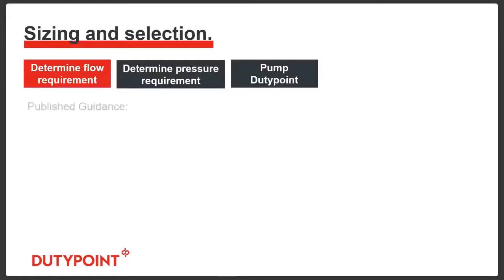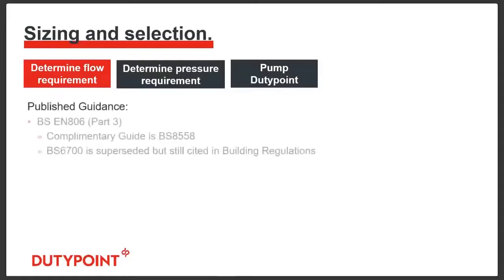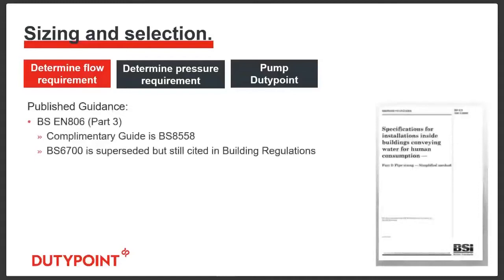Now, there is some published guidance on this. The most recent published standard is BS-EN 806. Part 2 is the design part, and then part 3 is the pipe sizing guide. There's also BS 508, which complements this. And also BS 6700 is probably the more well-known one.